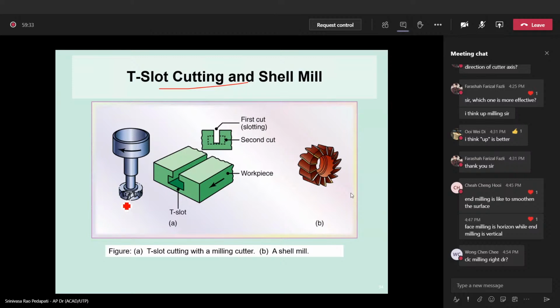Slot cutting is, as we see, to cut this kind of a slot. Of course, it is not in a single cut. In the first cut, it only makes a small groove with the help of a normal slot cutter, and then we can have a second slot which is in the bottom shape. So initially you cut the first slot, then extend it by using a different slot cutting milling.